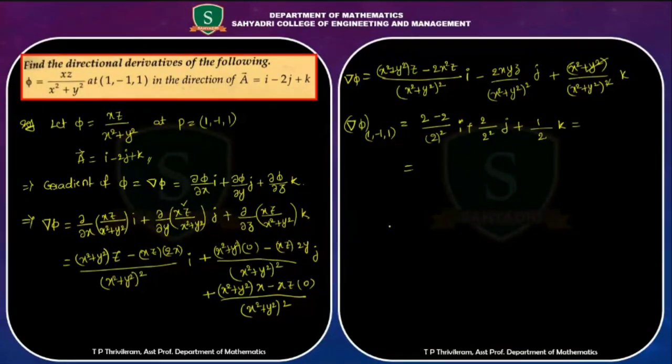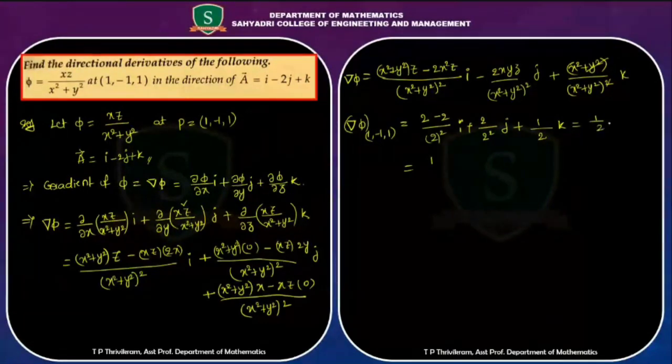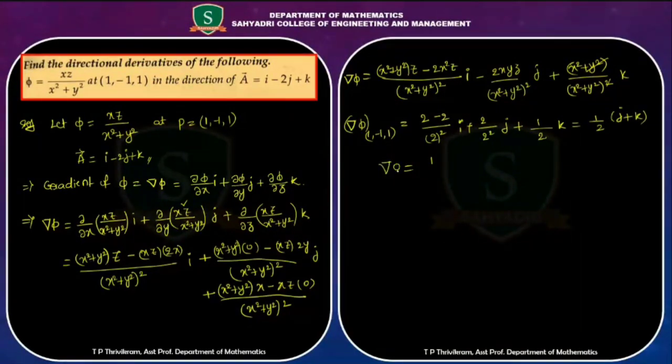So I'll get 1 by 2 into j plus k. Correct. So del phi value, you got it as 1 by 2 into j plus k. So make a note of this.